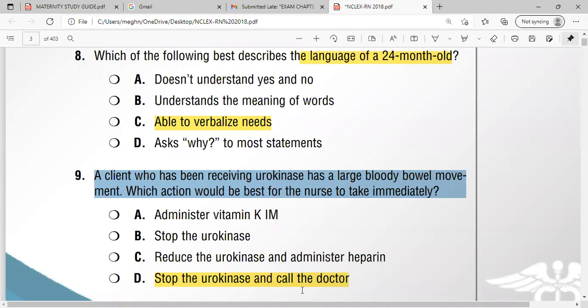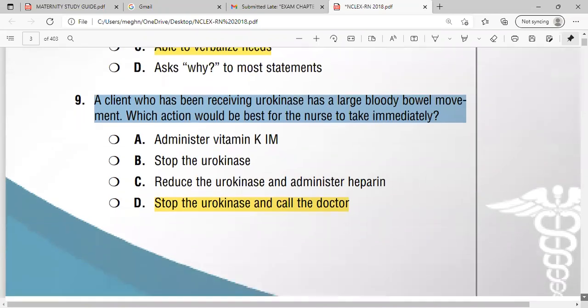Option C is not correct either, and vitamin K is not the antidote of urokinase, right? So next question.